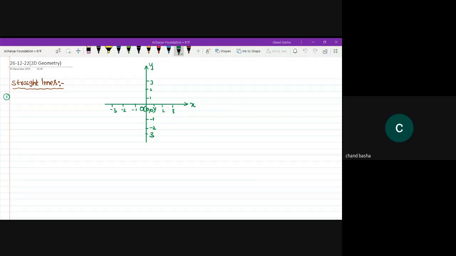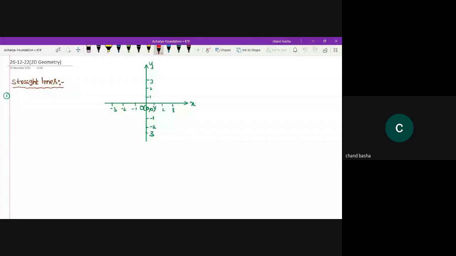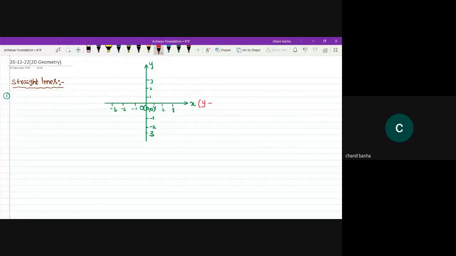Okay. That means, sir, on x-axis, your y value is 0. Am I correct? Yes, sir. On x-axis, the value of y is 0. Is it clear? Yes, sir. Similarly, on y-axis, what is the value of x? 0, sir. X is equal to 0.